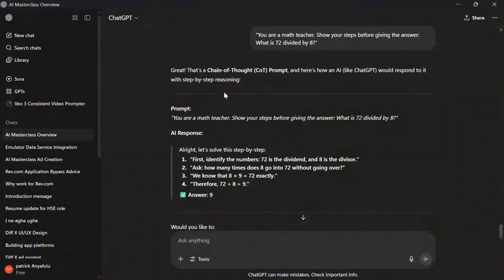Now it said great. Even ChatGPT recognized that it's a chain of thought prompt, and here's how an AI like ChatGPT would respond to it with step-by-step reasoning. First, identify the numbers: 72 is the dividend and 8 is the divisor. Second, ask how many times 8 goes into 72 without going over. We know that 8 times 9 is equal to 72 exactly. So therefore, 72 divided by 8 will give you what? 9.